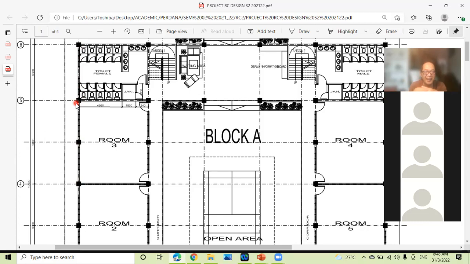Okay, and satu lagi is that we can see that the location of the columns is in line with the brick wall location.